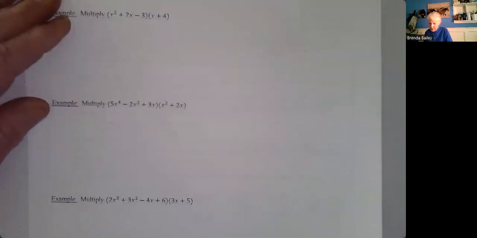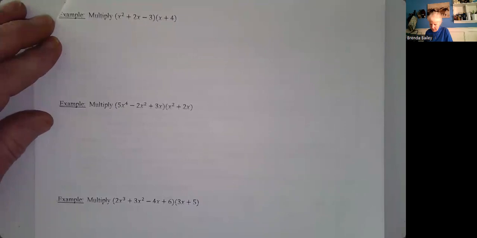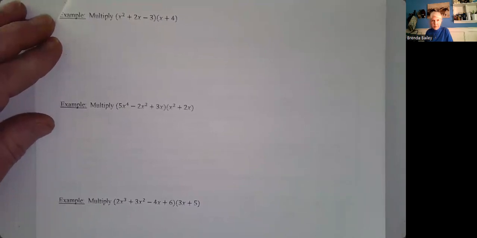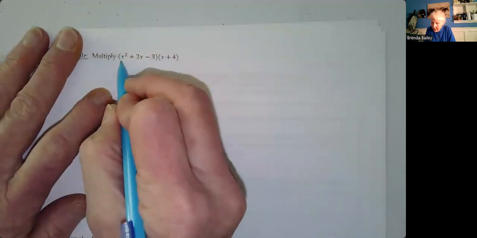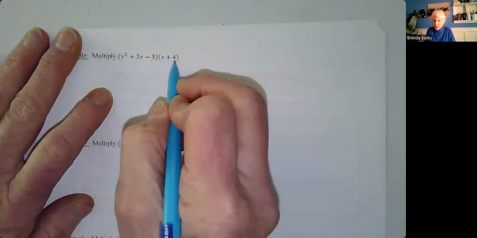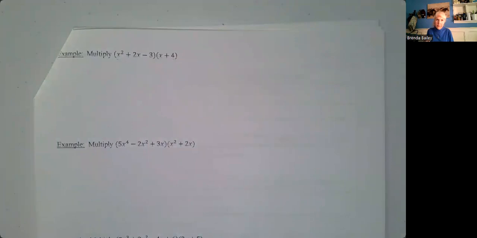So you're done. Okay, let's turn the page and see what we've got over here. All right, it's just a couple of these multiplying. I think we'll just do a couple here, but you've got a trinomial times a binomial, so you'll need to use the distributive property.